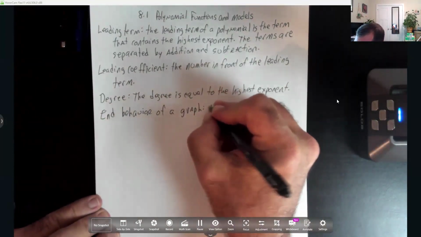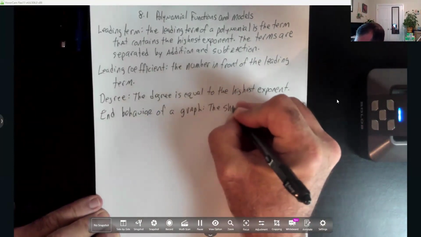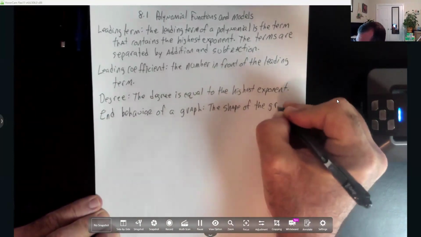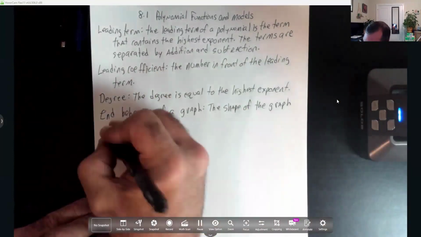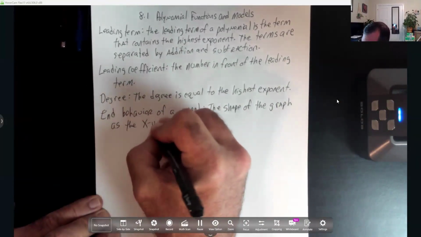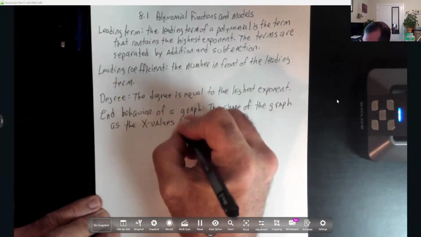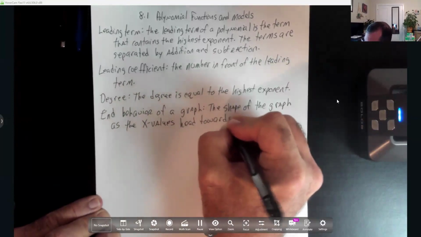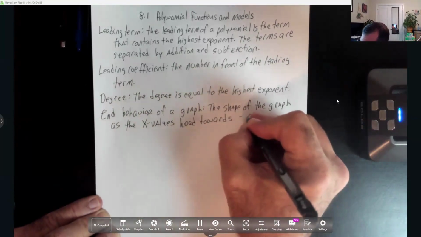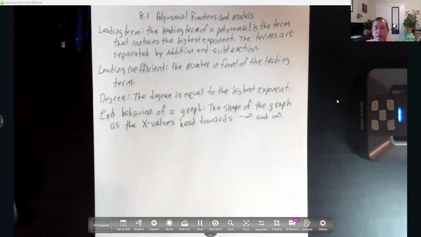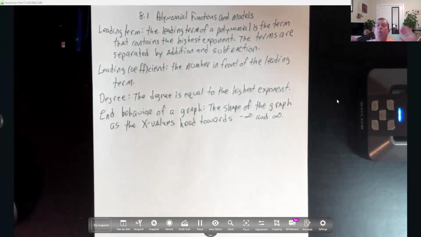So the shape of the graph as the x values head towards negative infinity and positive infinity. So what happens as you go out them x values, okay?